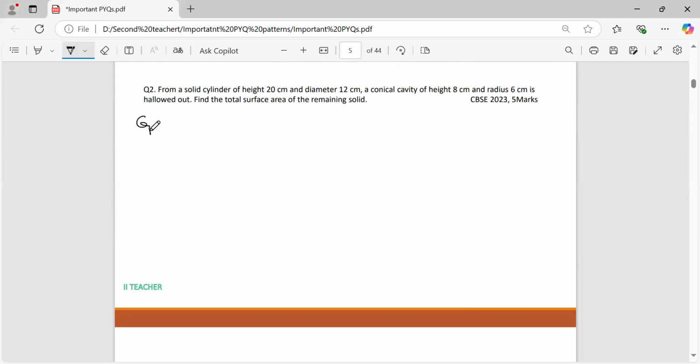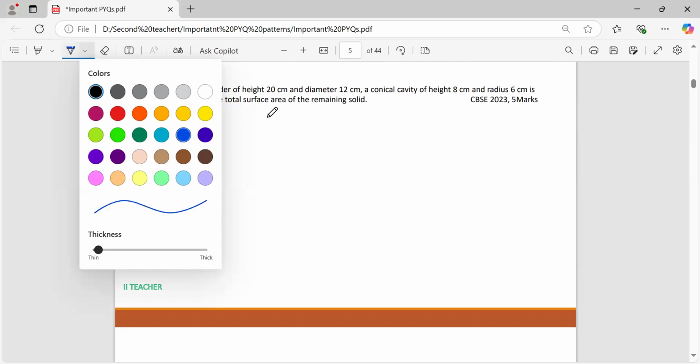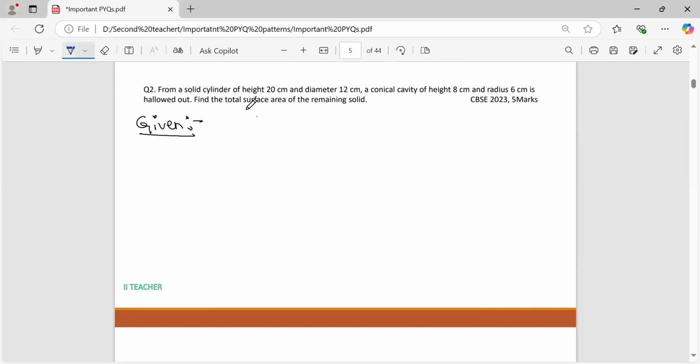So given, two things are given here for me after I read the question. So I can write there is a cylinder and there is a cone. Okay. So these two things are given. In cylinder, the height h is equal to 20 centimeter and diameter d equal to 12 centimeter.